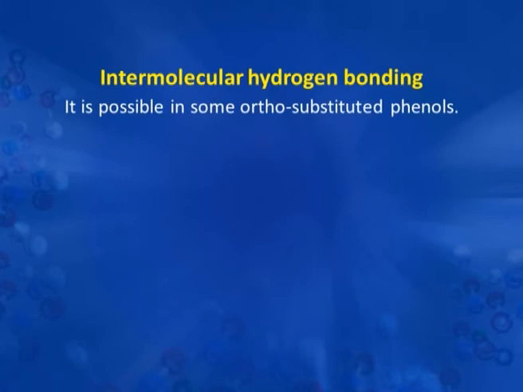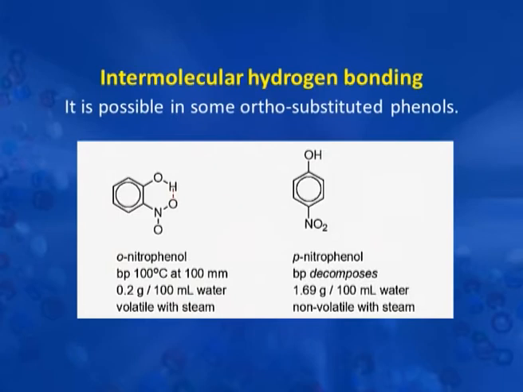In the present slide, substituted phenols have been shown with intramolecular hydrogen bonding. It has been found that if phenol is substituted with a nitro group at the ortho position, as in the case of this ortho nitrophenol, then the hydrogen of phenol comes closer to the oxygen of the nitro group.